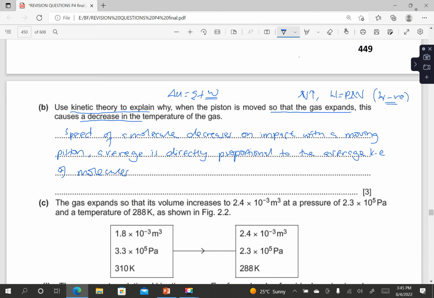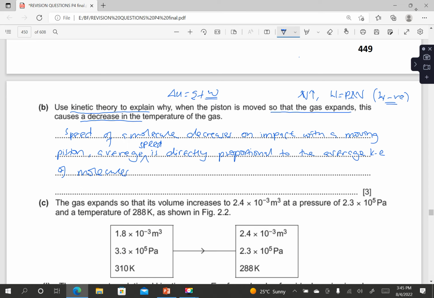The average speed is directly proportional to the average kinetic energy of molecules. Now the speed has decreased, meaning the average speed has also decreased. In your mind, you are aware that temperature relates to the average kinetic energy of the molecules, on a thermodynamic scale.